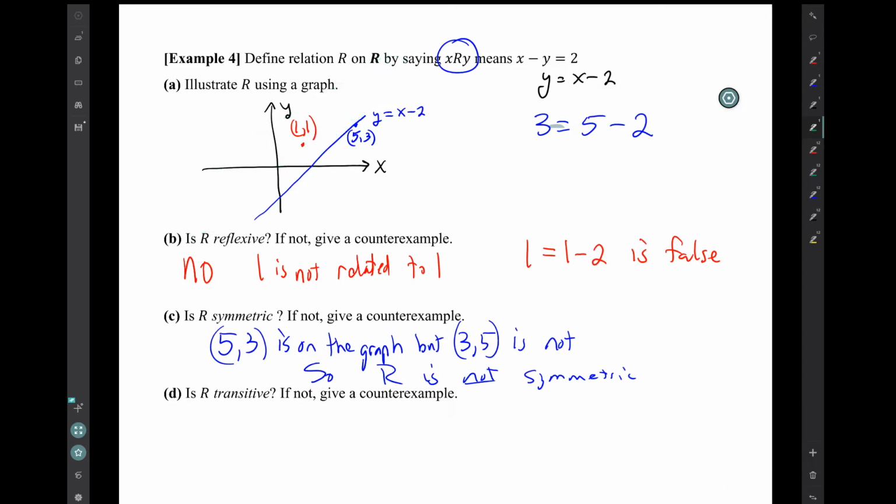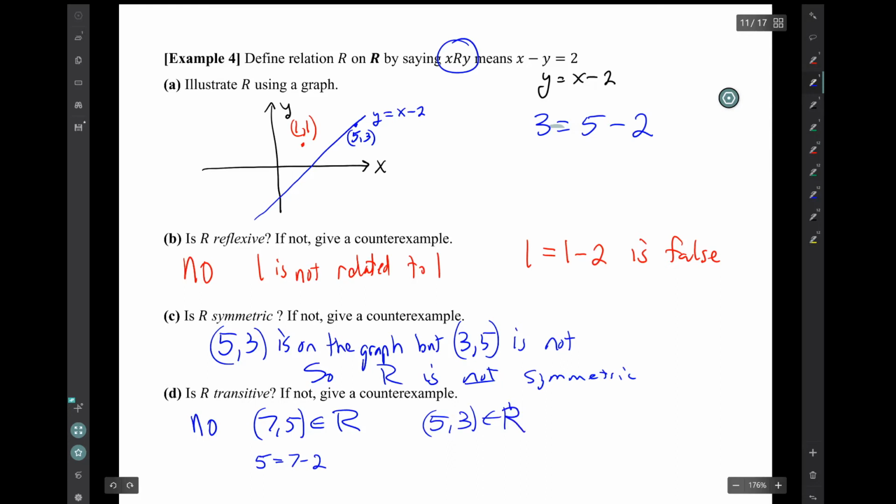Is R transitive? If not, give a counterexample. Well, R is not transitive. Notice that (7, 5) is on the graph, and also notice that (5, 3) is on the graph.